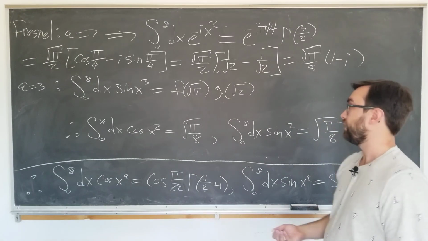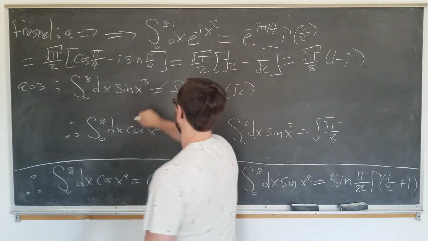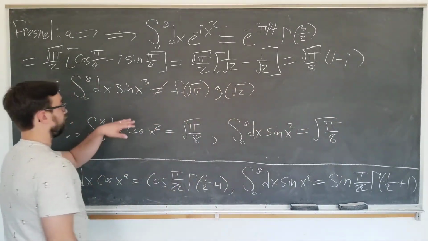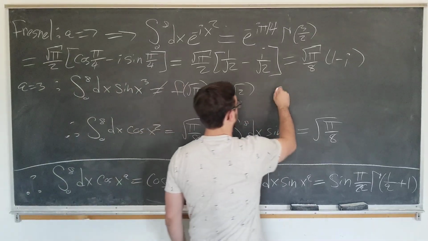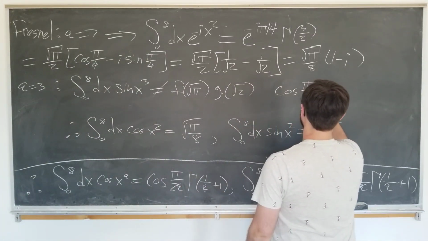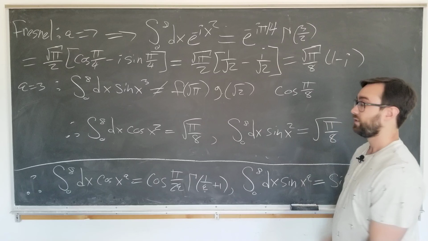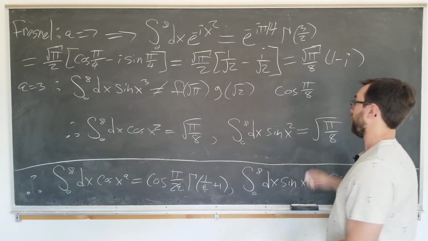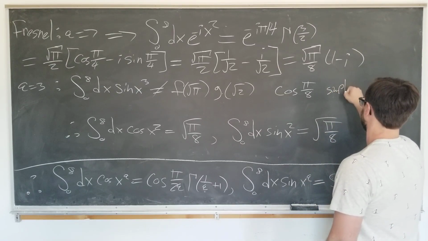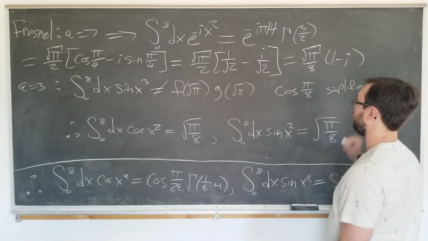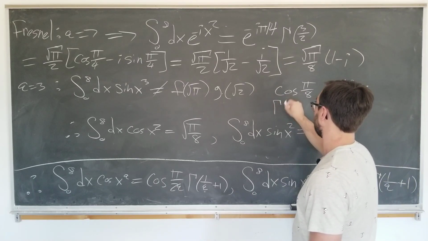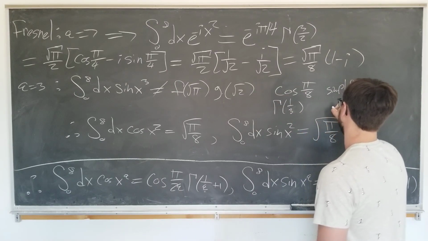Unfortunately, no. It's not really a function of that. You can simplify cosine pi over 8 and so forth to get nested radicals, but the gamma of 1/3 does not simplify.